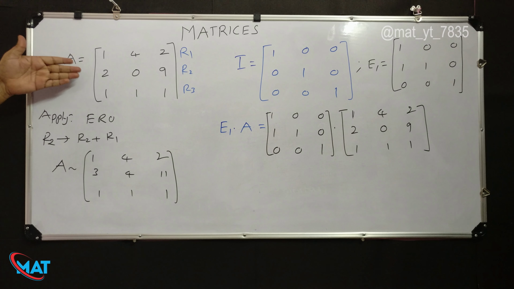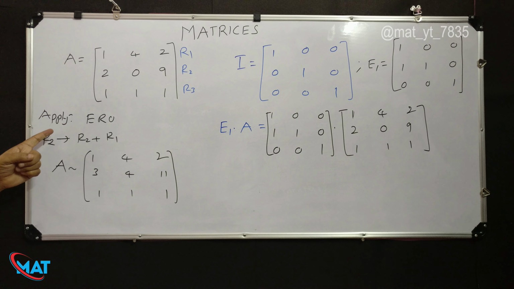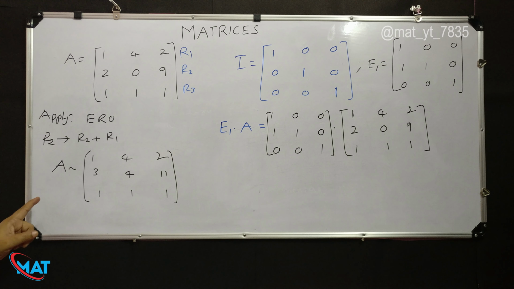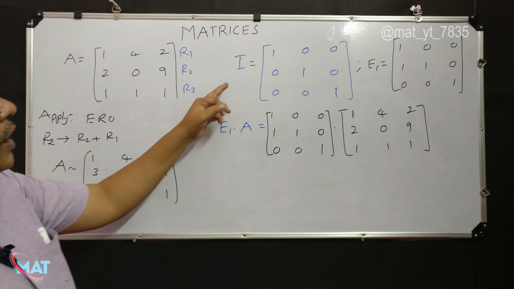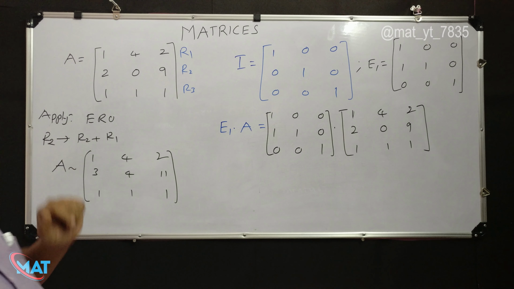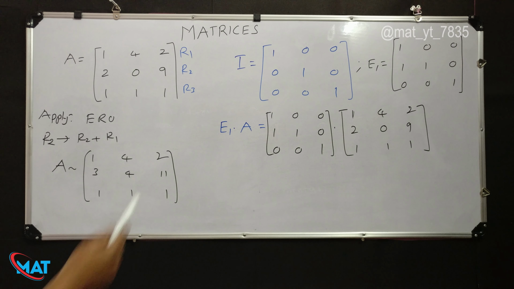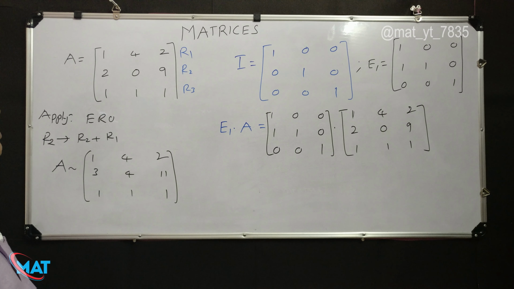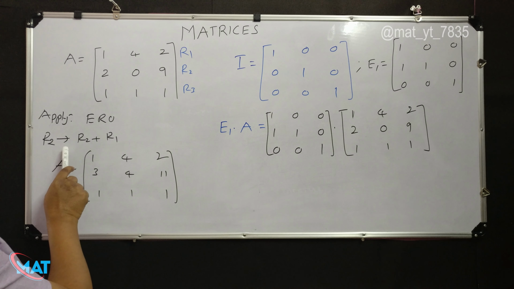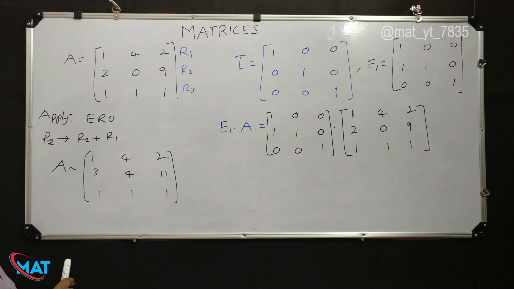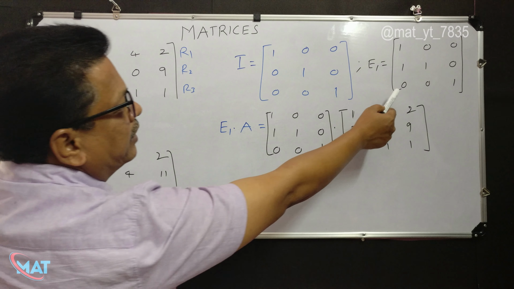So it is the original matrix. We applied ERO on this matrix and got a new matrix like this. Because I took A as 3 by 3, let us take the identity matrix of size 3. The same operation applied on the ID matrix gives the elementary matrix like this.